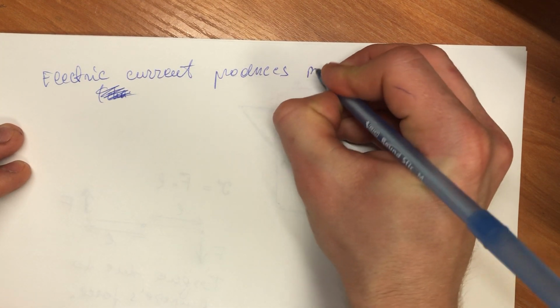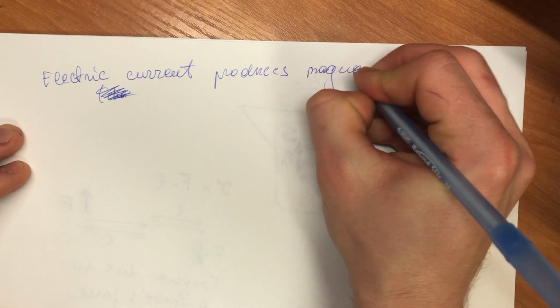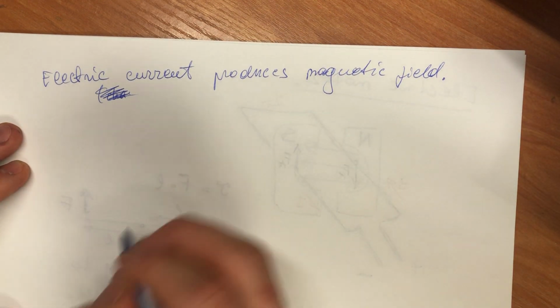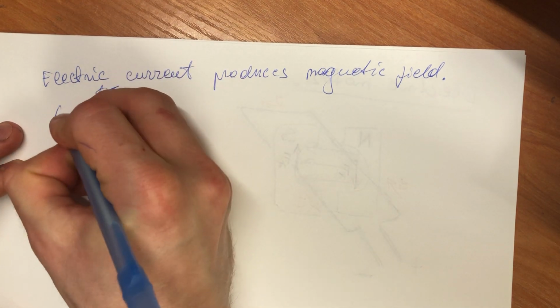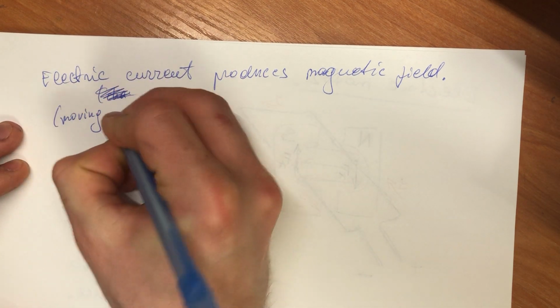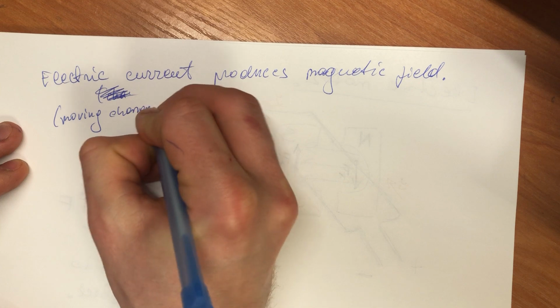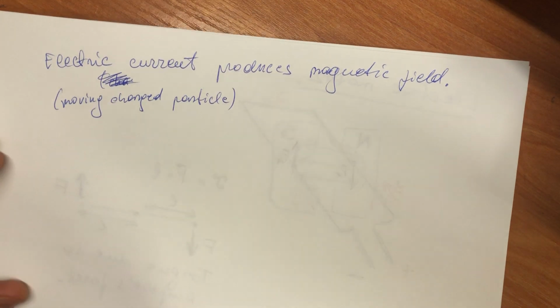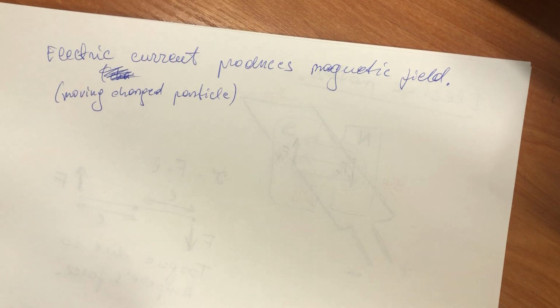We know, so it means electric current, so it means moving charged particles, anyway, produce a magnetic field.